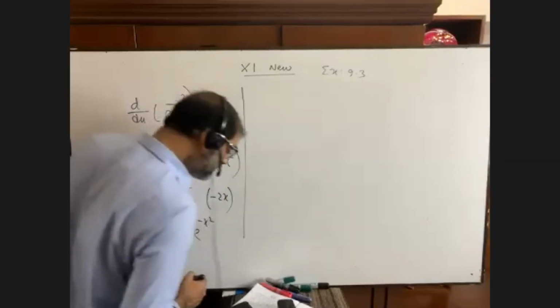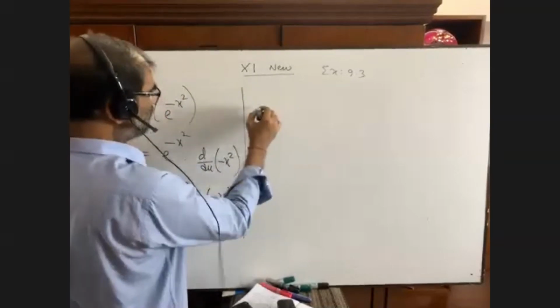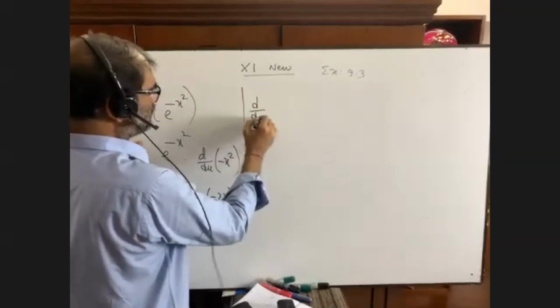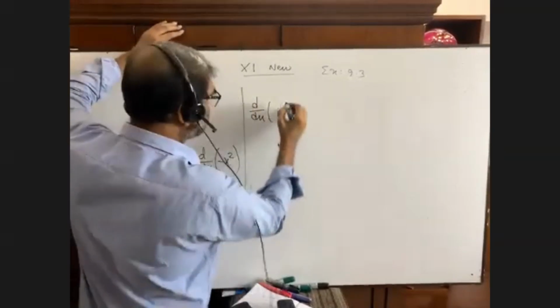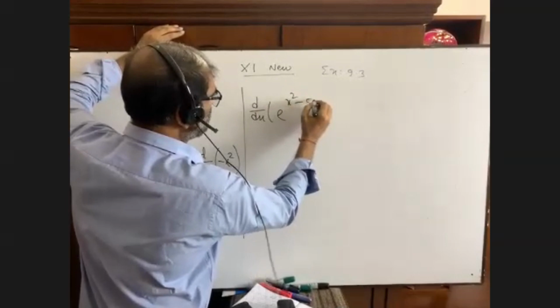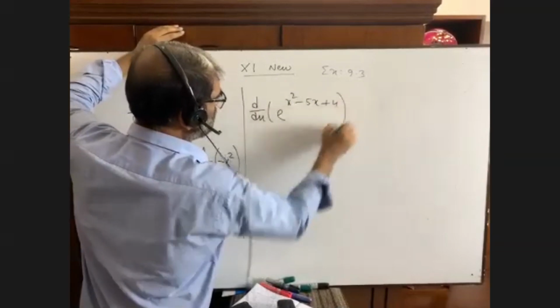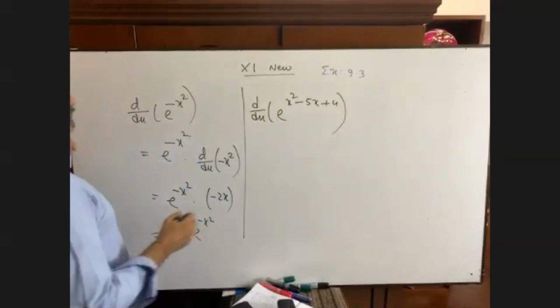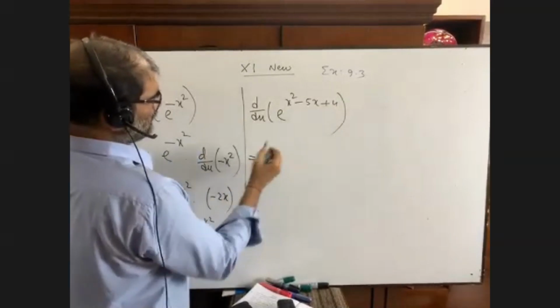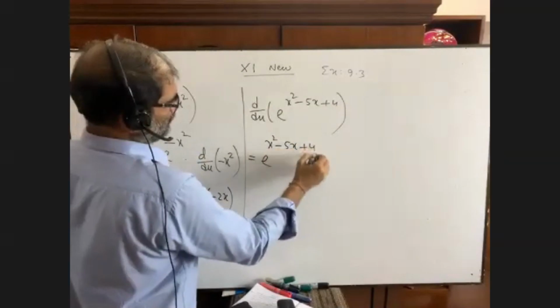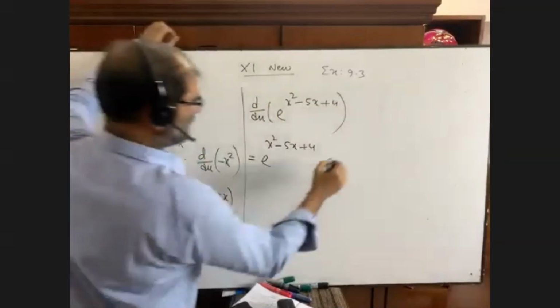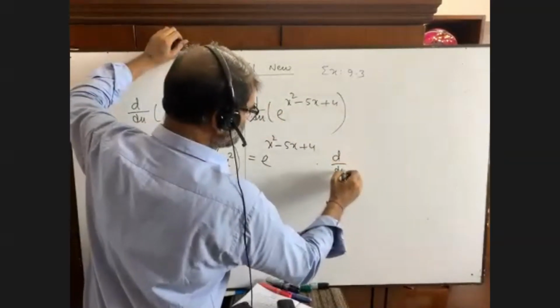Another math can be given here. D by dx of e to the power x square minus 5x plus 4. We should not be afraid of it. It is e to the power x. Then that x will be again differentiated.